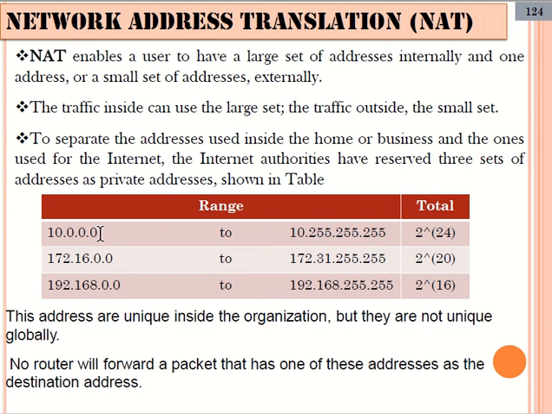Any router is not going to transfer the data or the packet to these particular addresses. They are inside the organization. As I said, they are only visible inside the organization. For the outside world, they are not visible. So with this, we'll see how this actually works.